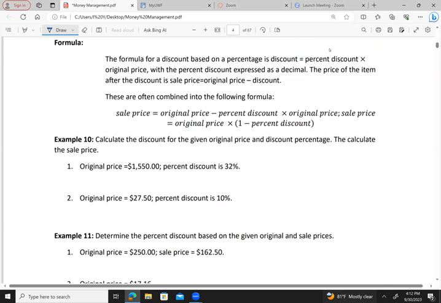So let's calculate just the discount for the given original price and discount percentage. Then calculate the sale price.